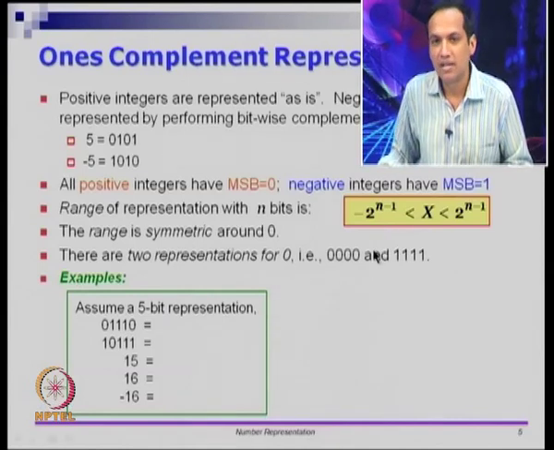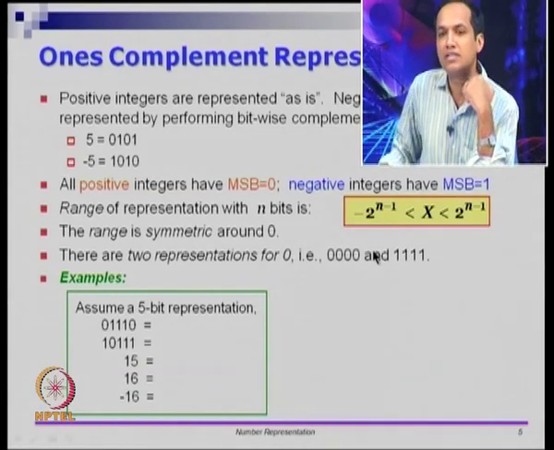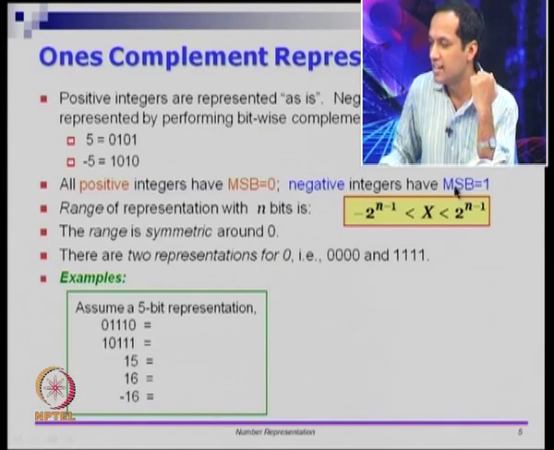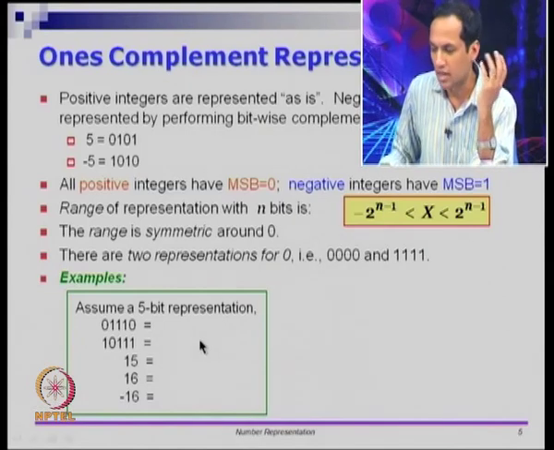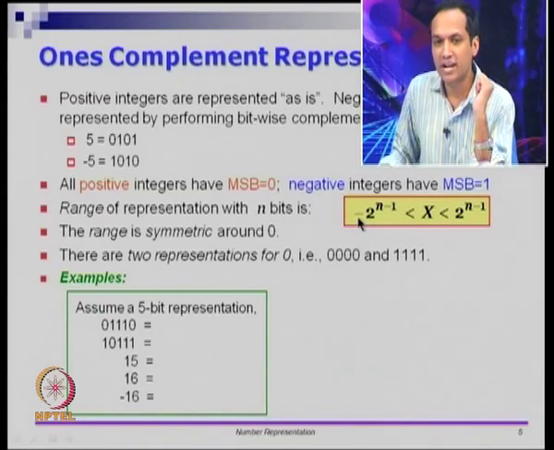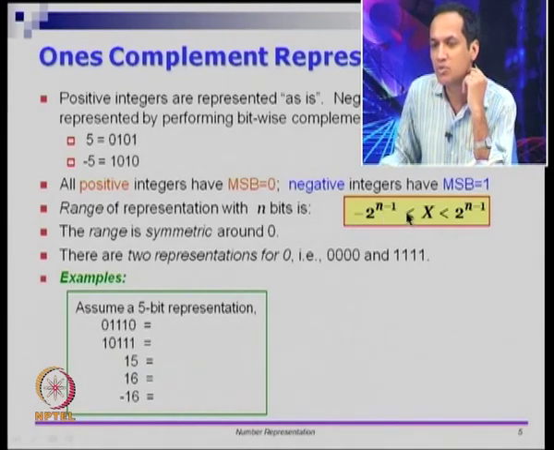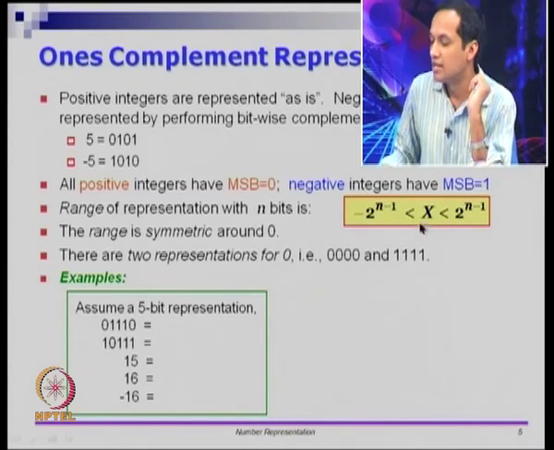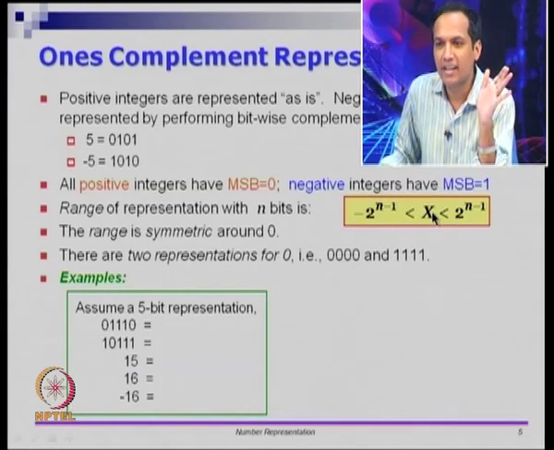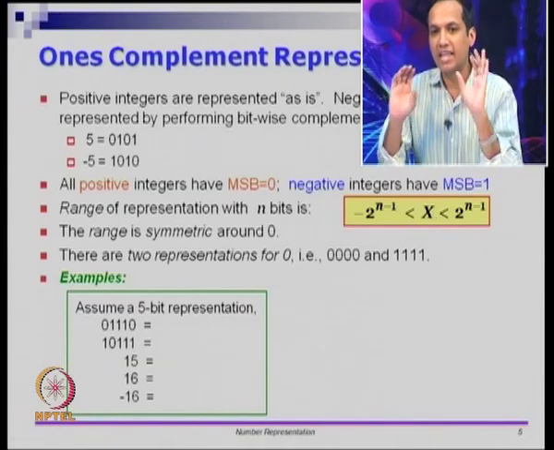If you notice, 16 is 2 power 4. I am sorry, let us look at this. We want a 5-bit representation, so minus 2 power 4 is less than x, which is less than 2 power 4. What that means is x can take the values from minus 16 to plus 16, but the ends excluded.